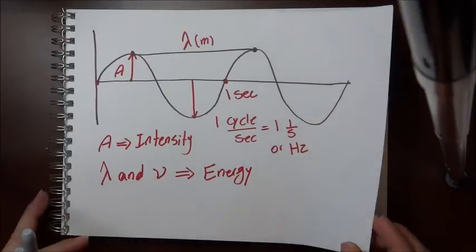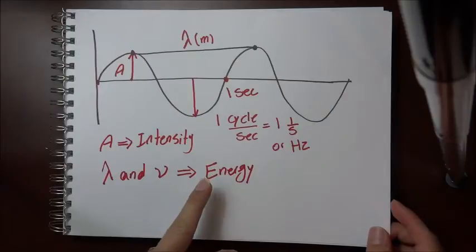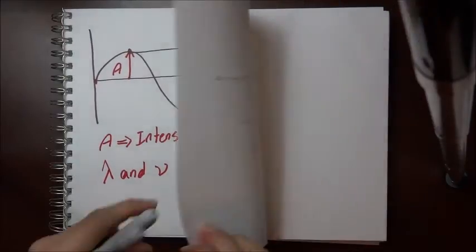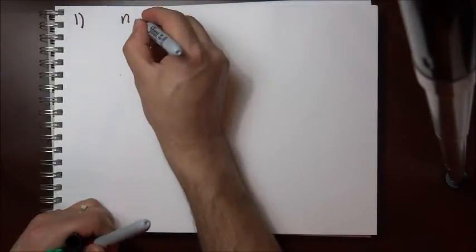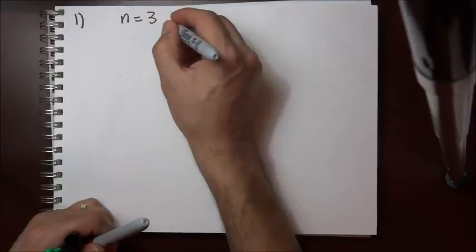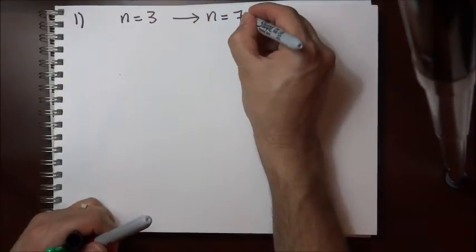I go with first case, that is electron transfer from lower level to higher level. So case 1, we have electron that's sitting inside n equal 3, and we're sending electron to n equal 7.